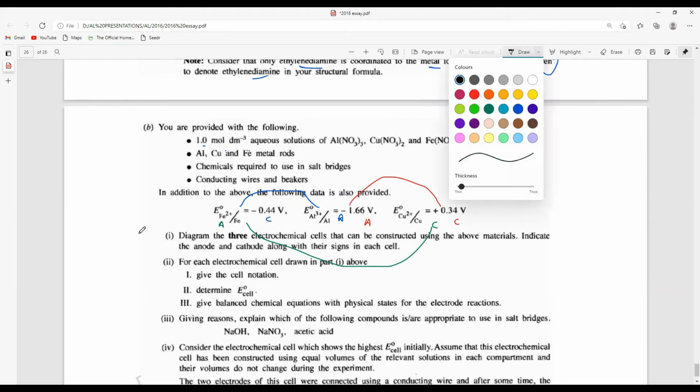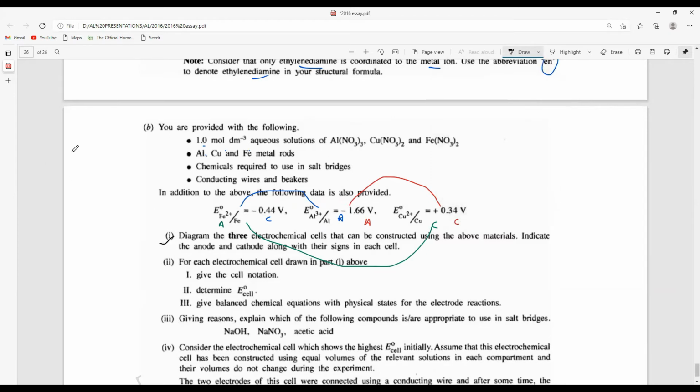So you can draw this, but they have asked for a cell diagram, so you have to draw this one like this, and you have to show the salt bridge in each, and show the metal first. So I will try to do the first one, this blue color one. My anode is aluminium, so I will put this one as aluminium, and then my solution should be aluminium nitrate, which they have given here, and you have to mention the concentration as 1.0 mol dm^-3.